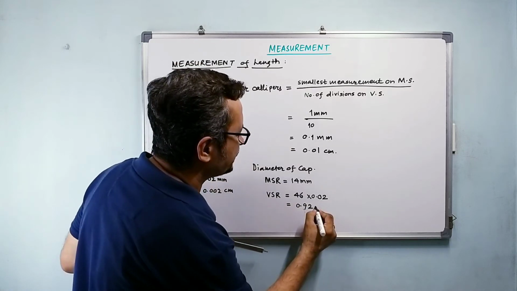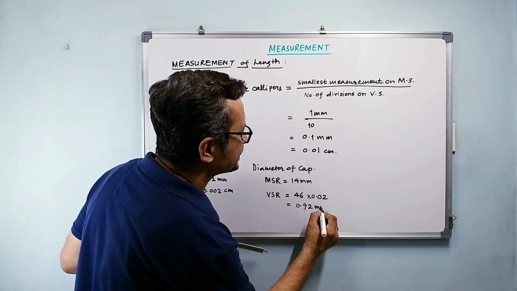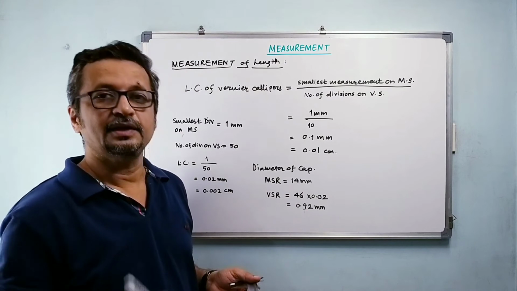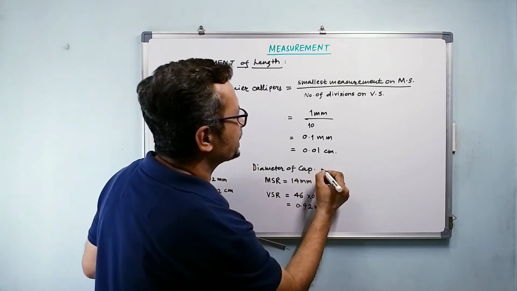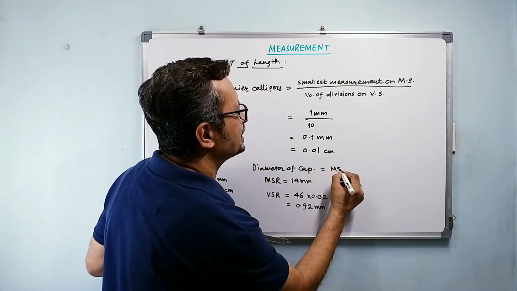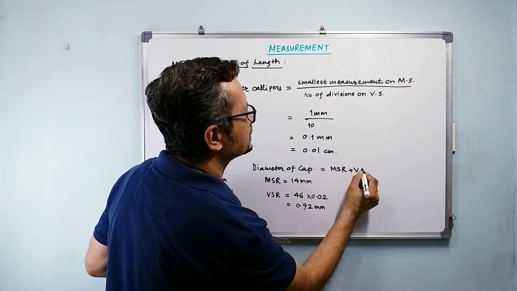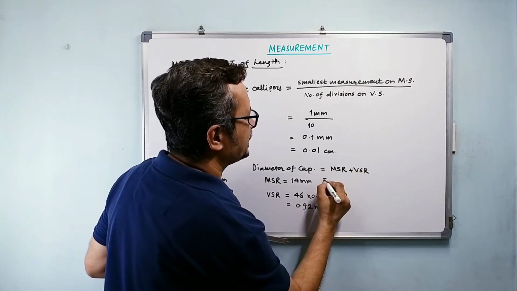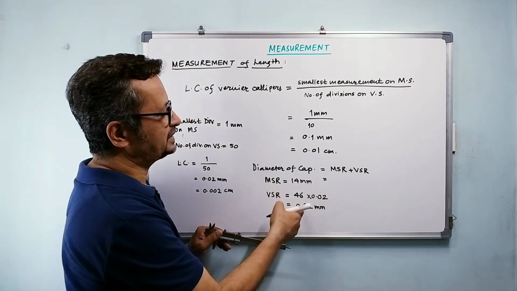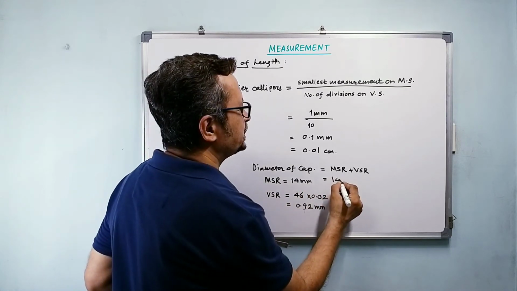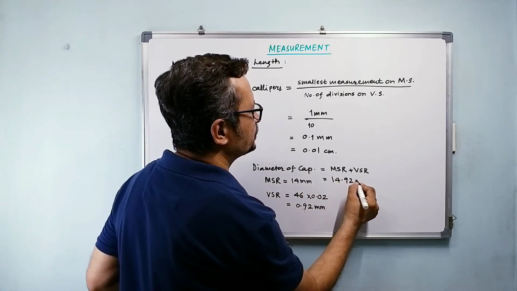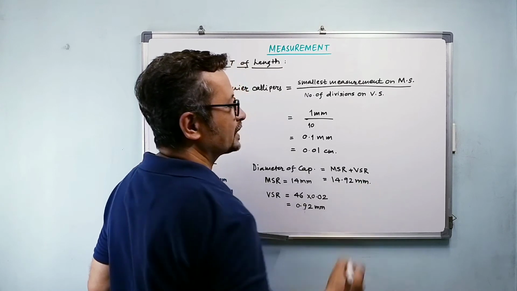So the vernier scale reading is 0.92 millimeter. Now the diameter of the cap is equal to main scale reading plus vernier scale reading, so I add this and this, and it is 14.92 millimeter. Correct?